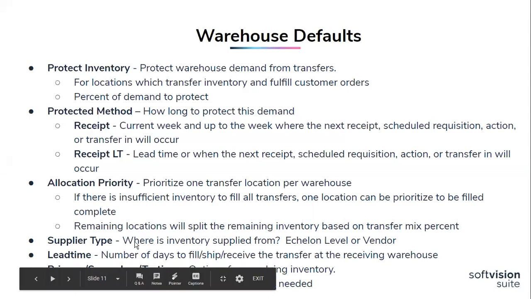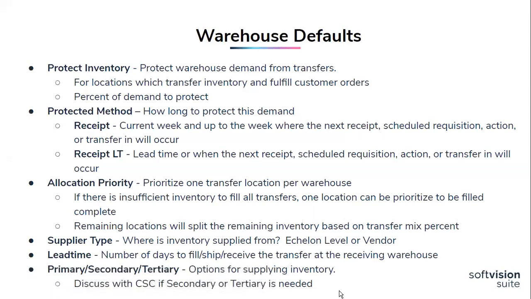So supplier type is basically telling us where the inventory is supplied from. Is it going to come from somewhere else, some other echelon level that you've set up, or is it going to come from the vendor? And then what is the lead time? If it is going to be supplied from another warehouse or echelon location, how many days to fill, ship, and receive that transfer at your receiving warehouse or store?